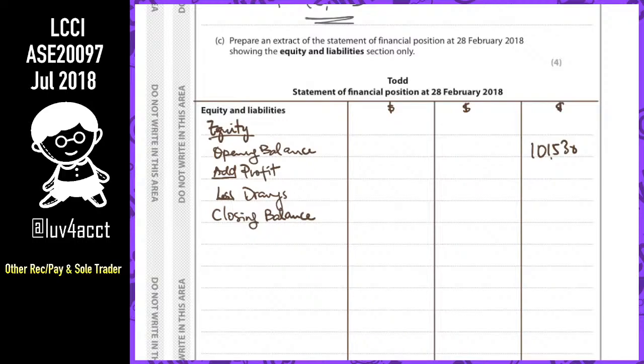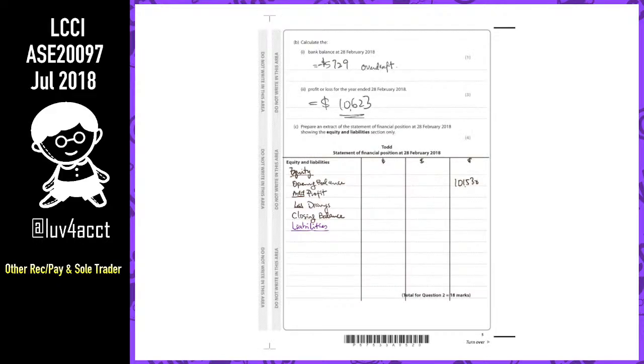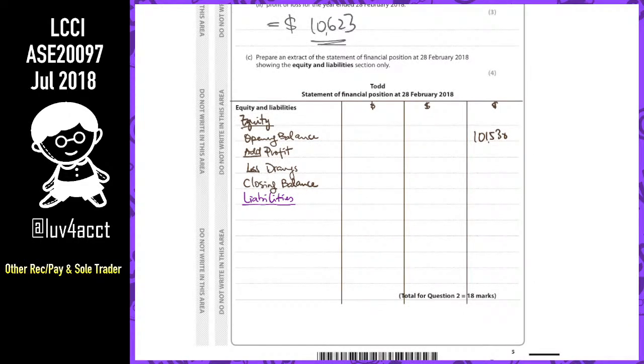After that we have liabilities. First of all, do we have long-term liabilities? No. I thought we have, but we don't, because in the previous question we have long-term liabilities, but not this one.